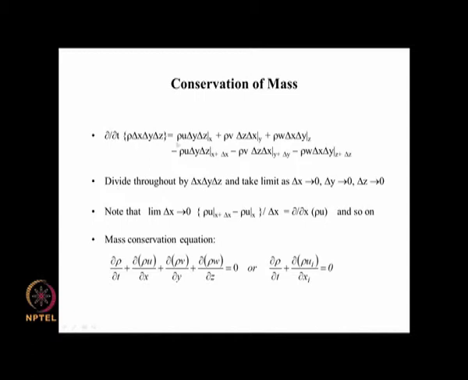We can divide this whole thing by delta x delta y delta z, the volume, and then take the limit as delta x tends to 0, delta y tends to 0 and delta z tends to 0, because we are looking at equations which describe change at every point. So we are looking at a control volume with the volume of a point. Of course, a point has no volume, and we cannot conceive of particles having no volume.